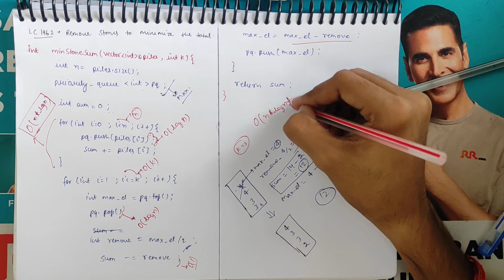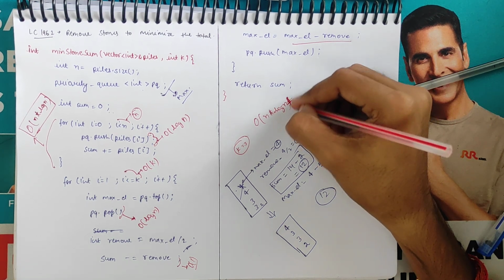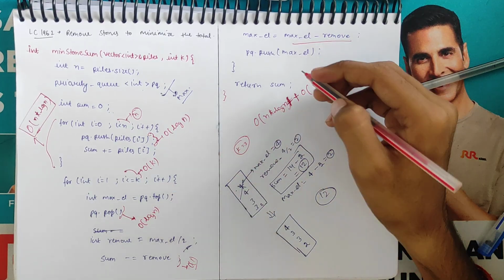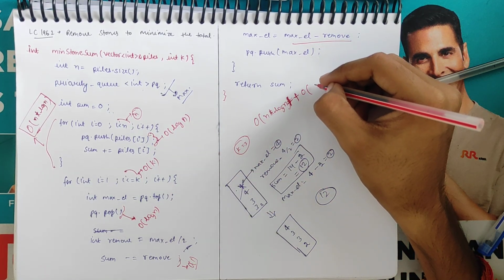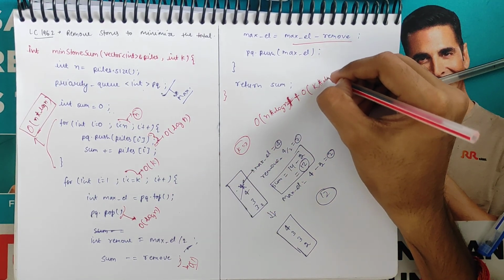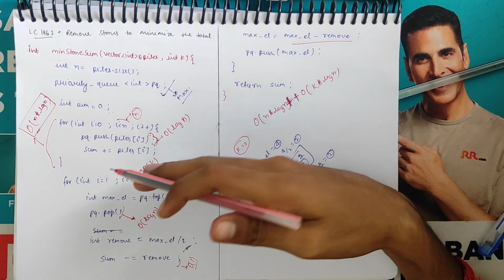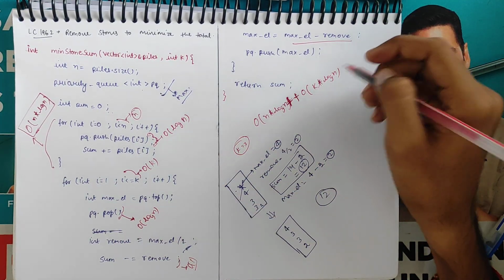And plus big O of k into log n. Log n for popping the element out, and we are performing this operation k times, so it is k log n.